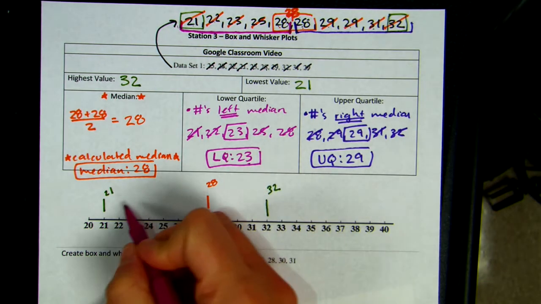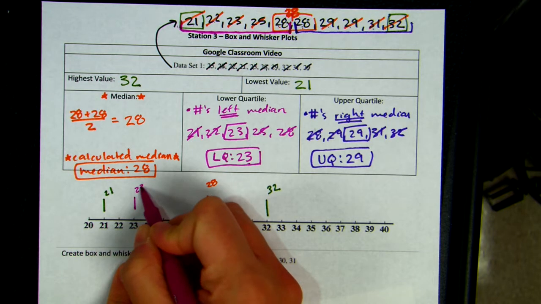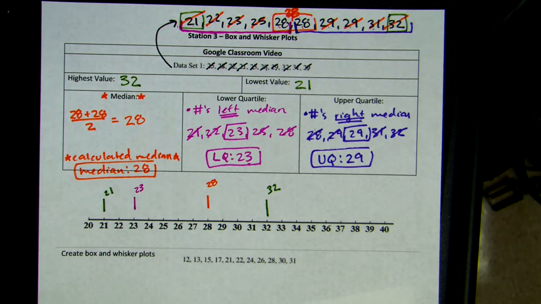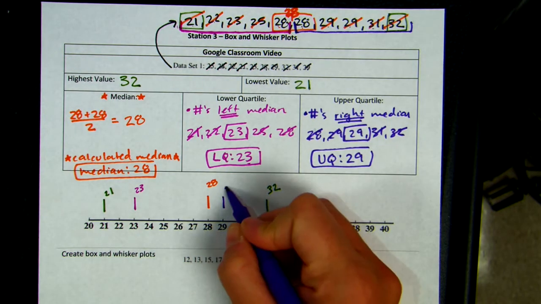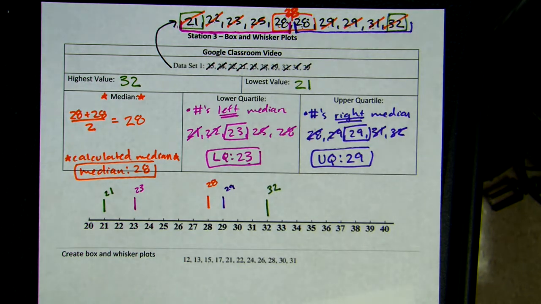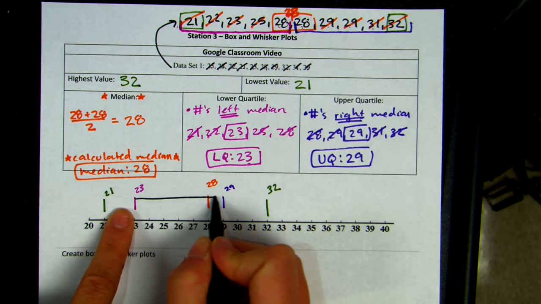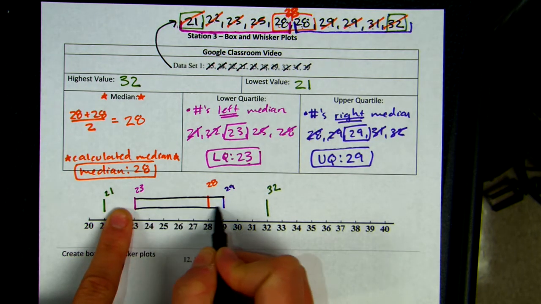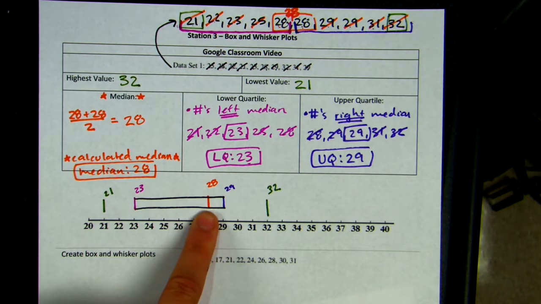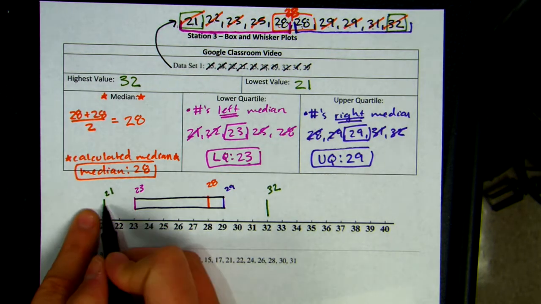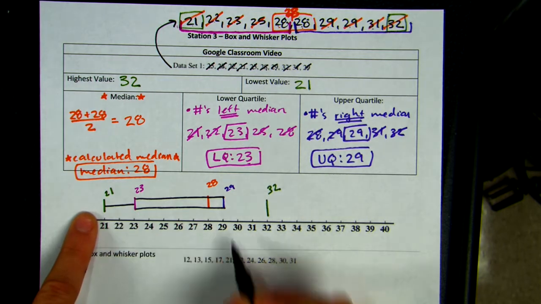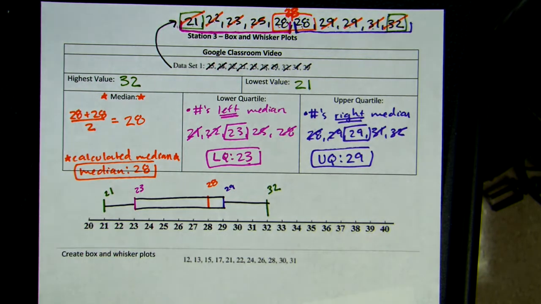My lower quartile is at 23, so I draw that in at 23. And my upper quartile is at 29, so I draw that in at 29. So from there, I make sure to connect my lower quartile to my upper quartile, making sure I'm including the median. And then I connect my lowest value to the box, highest value to the box.